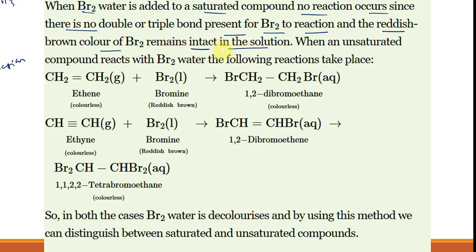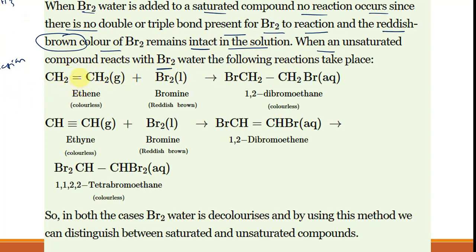So if you pour bromine water over saturated compounds, the brown color of the bromine water remains as such because the bromine does not react with the saturated compounds. And when an unsaturated compound reacts with bromine water, what happens here?